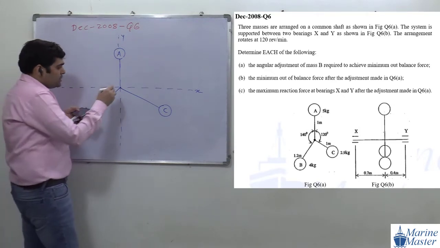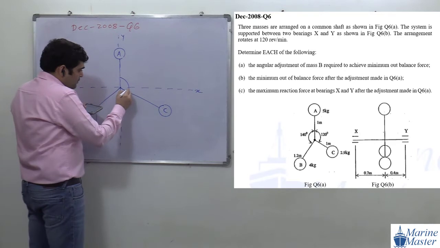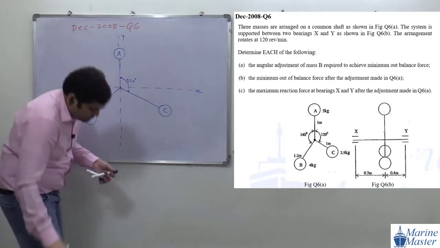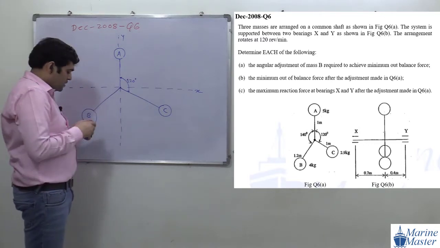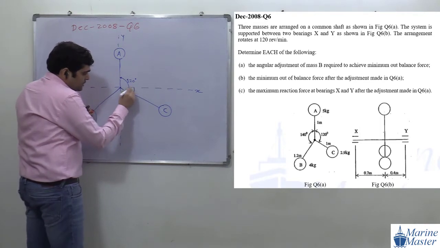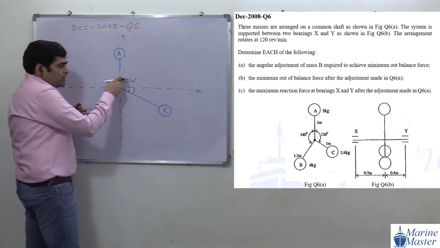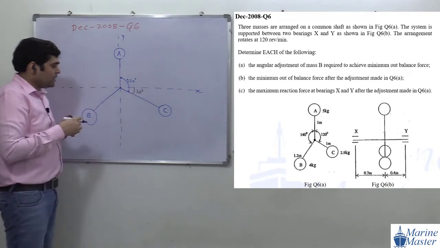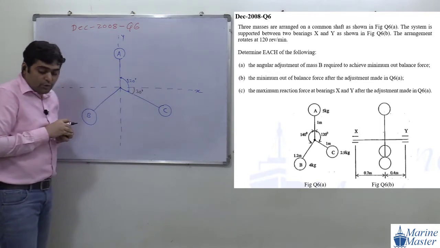This angle is how much? They have given 120 degrees. If this angle is 120 degrees, then what about this angle? It will be 120 minus 90, which becomes 30 degrees. Very good. Now guys, I am going to read the A part.